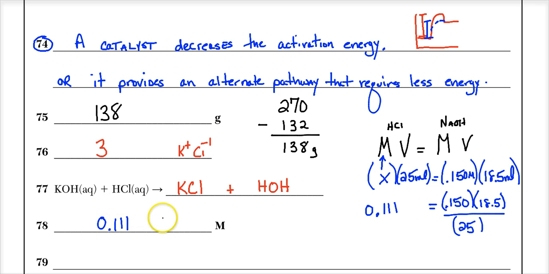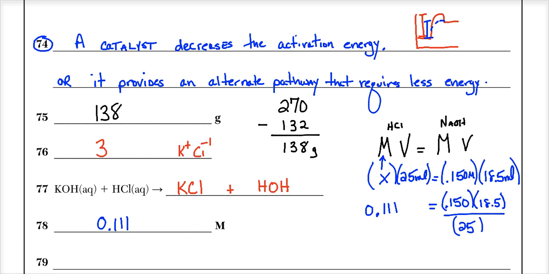If you don't have the 0 in front, it still works. Also, if you don't have the right number of sig figs, they will not take off. So if you had 0.1, 0.11, 0.111, any combination that is approximately the right answer would be acceptable. They didn't say to the correct number of sig figs, unfortunately.